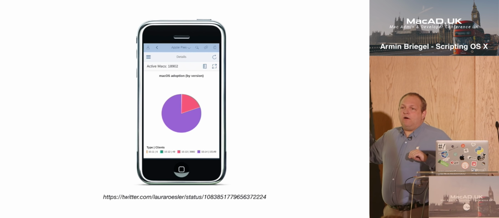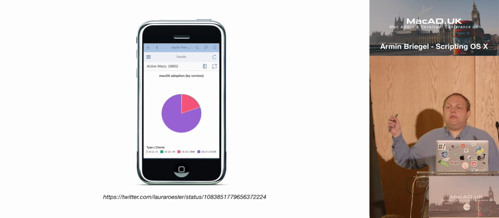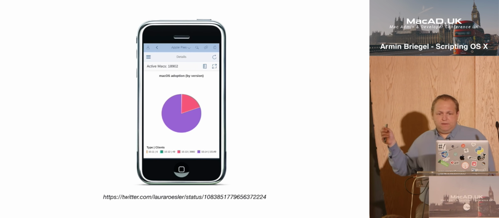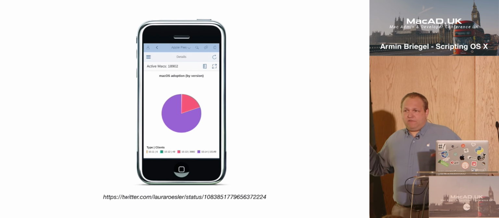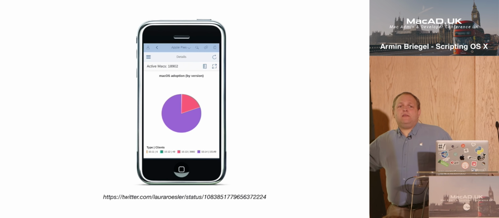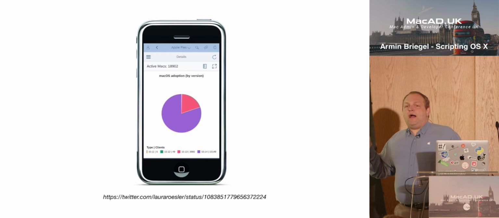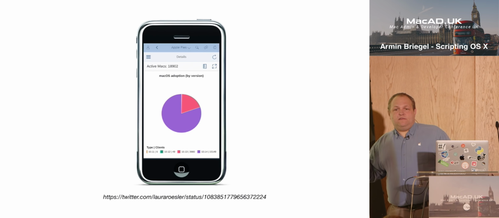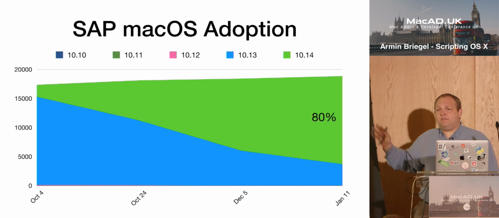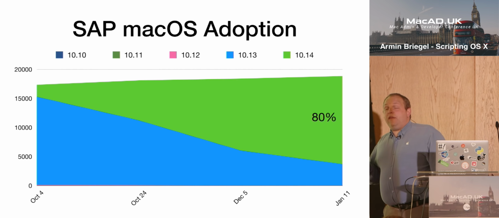This is a tweet by Laura Rössler from the SAP Mac admin team in Germany. And last year, after Mojave came out, she tweeted over the course of a few weeks the adoption of Mojave in their fleet. And I turned this into this graph, and I think this is really impressive.